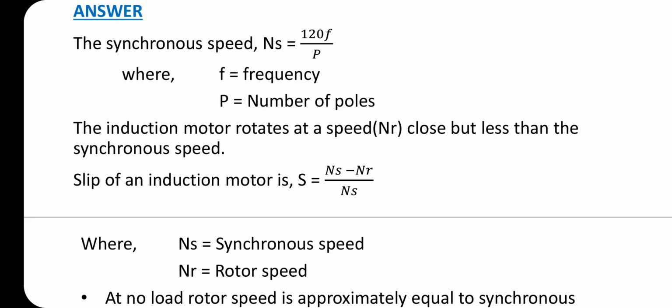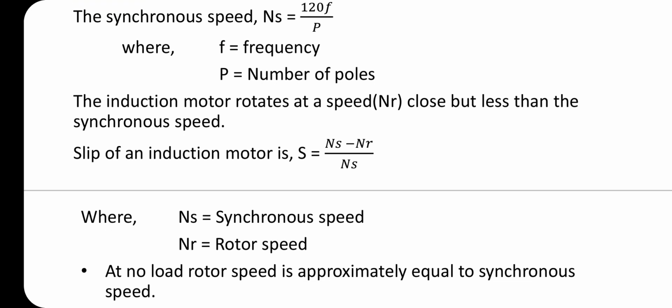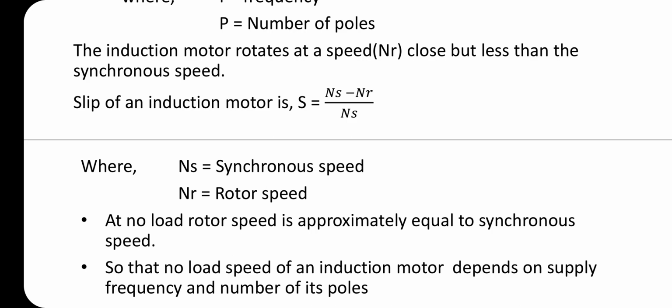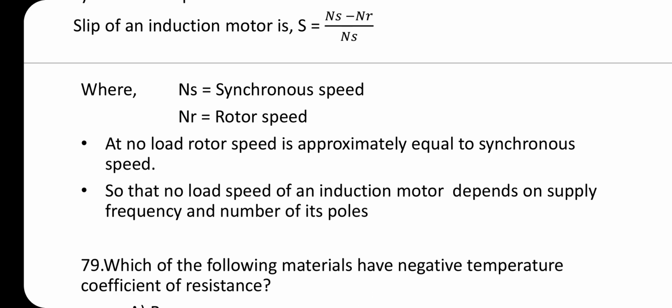Slip of an induction motor S equals Ns minus Nr divided by Ns, where Ns is the synchronous speed and Nr is the rotor speed. At no load, rotor speed is approximately equal to synchronous speed. So the no load speed of an induction motor depends on supply frequency and number of its poles.